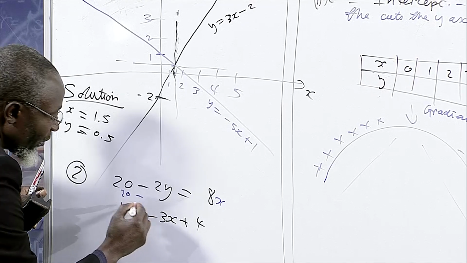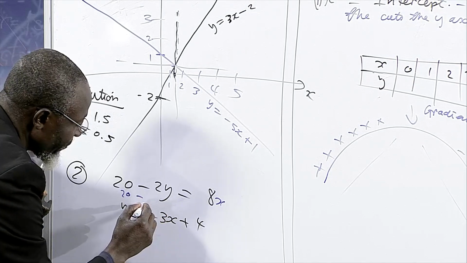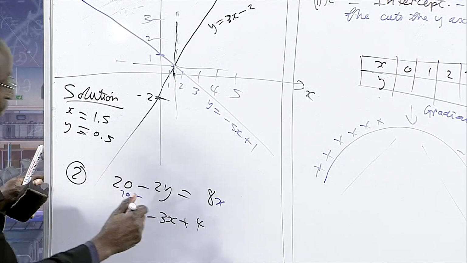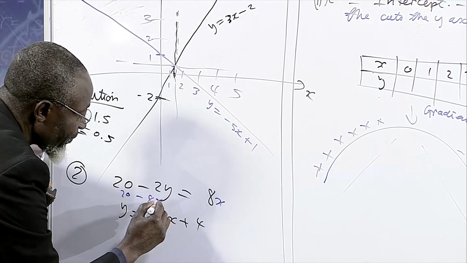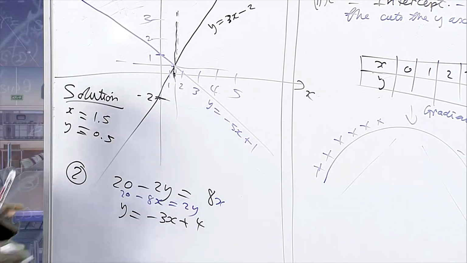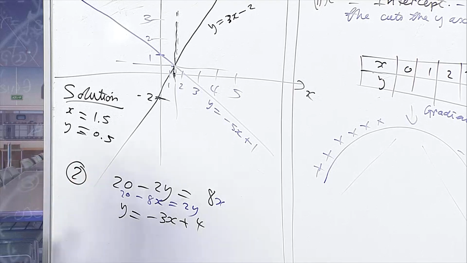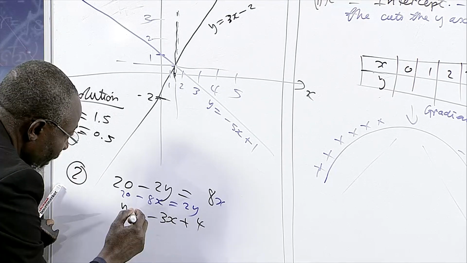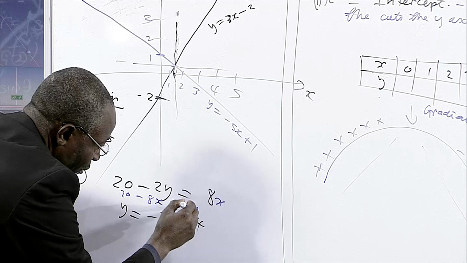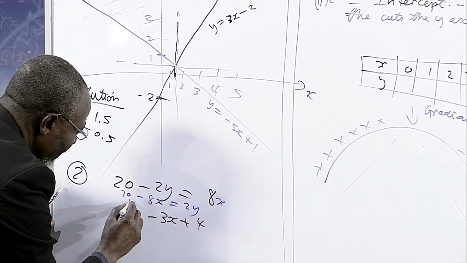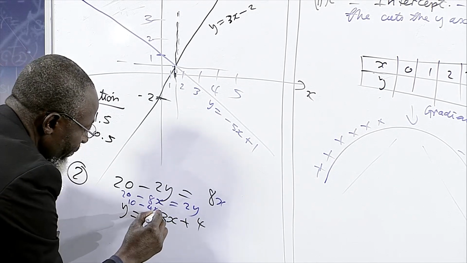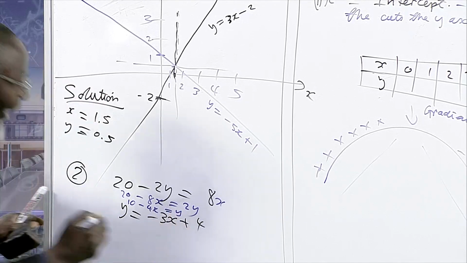So we should have y minus, minus 8x is now equal to 2y, because that 2 has to be that side. Right? The same question, I can now divide throughout by 2. So I can now say this is now 10 minus 4x and is equal to y.